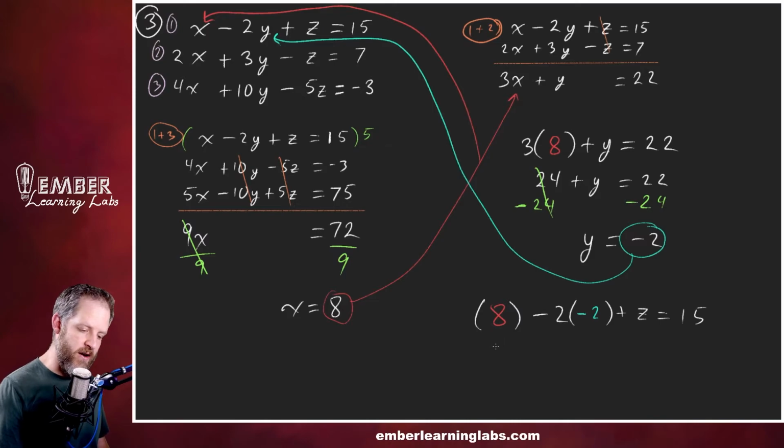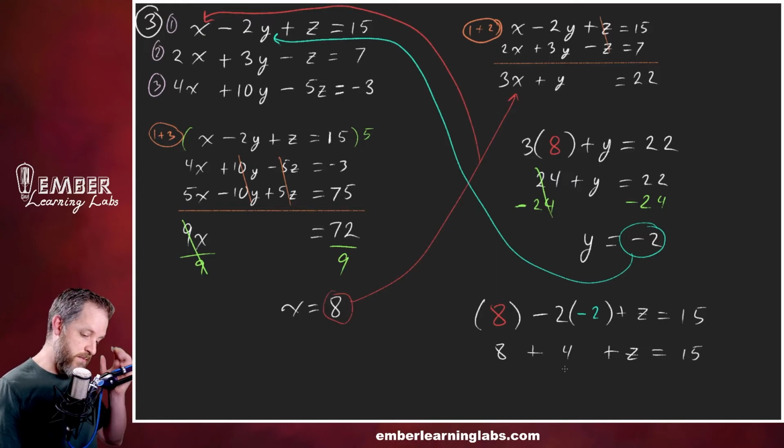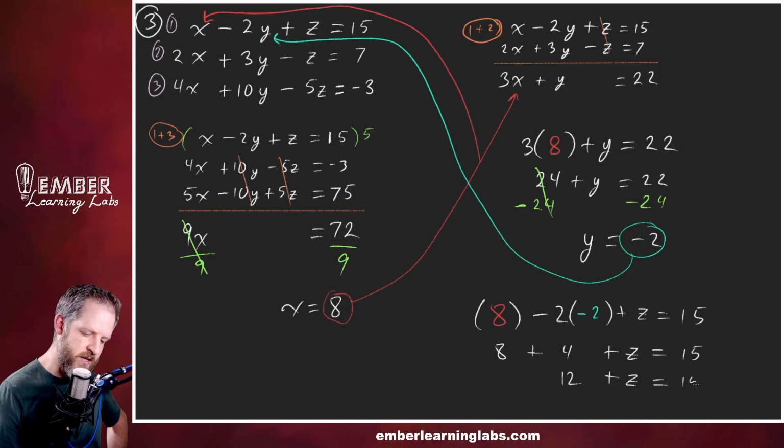So we're going to bring down our 8. -2 times -2 is +4, plus z equals 15. We're going to do 8 plus 4, which of course is 12, plus z equals 15.